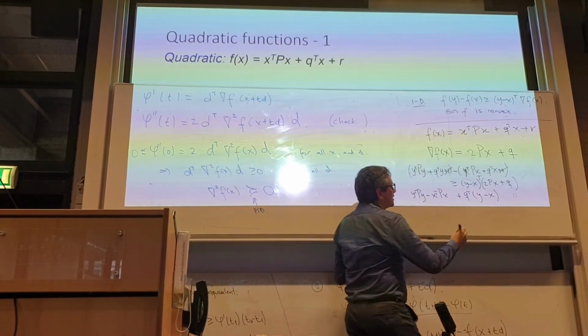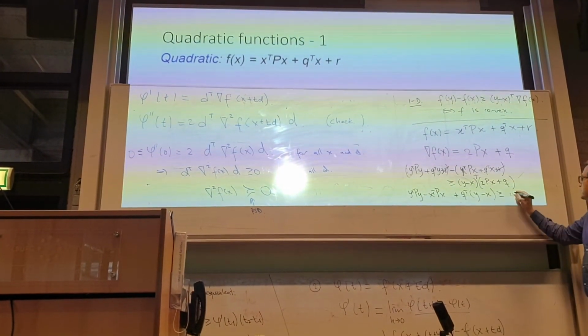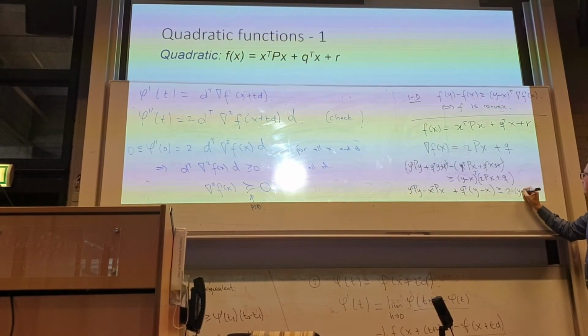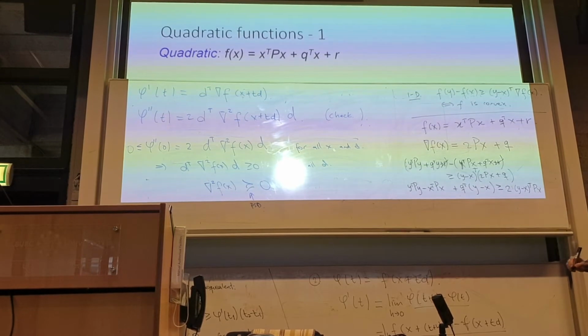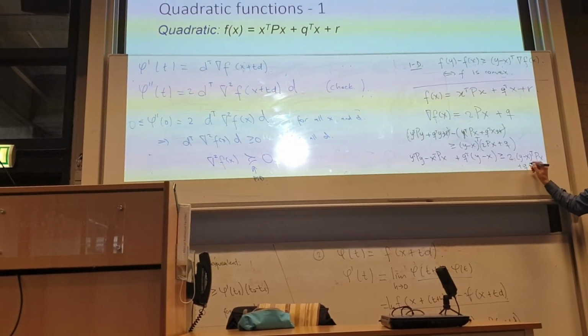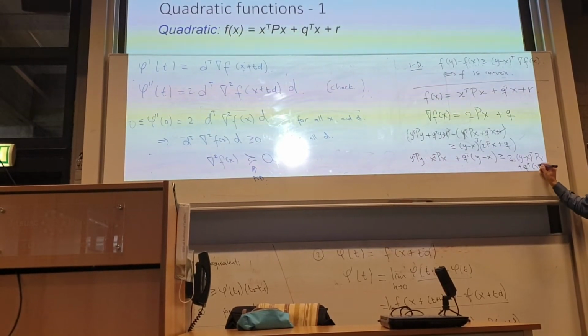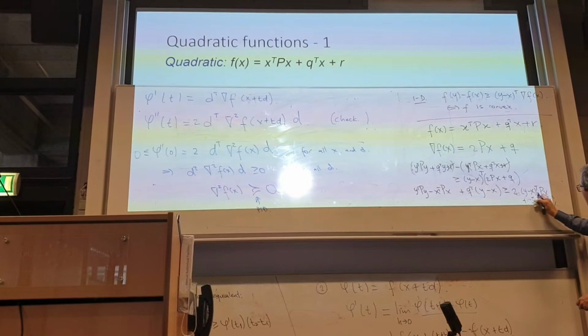And that has to be greater or equal. And then I will split this. So this is twice y minus x transpose Px plus y minus x transpose q. Or let me write it in the same order that is there.